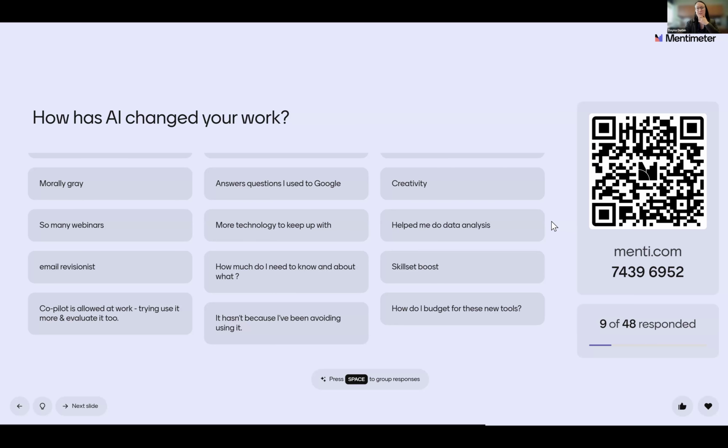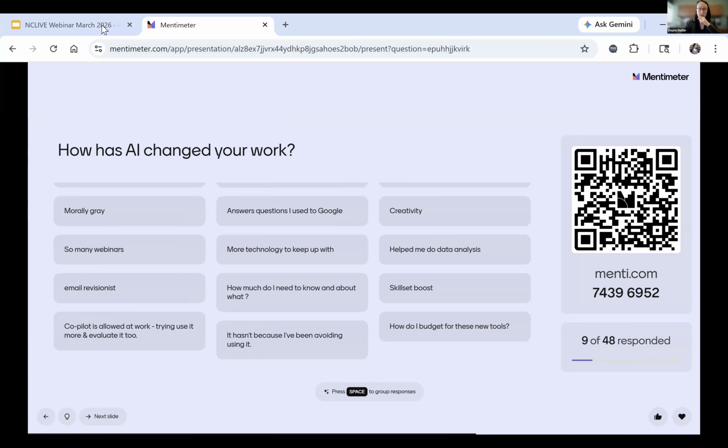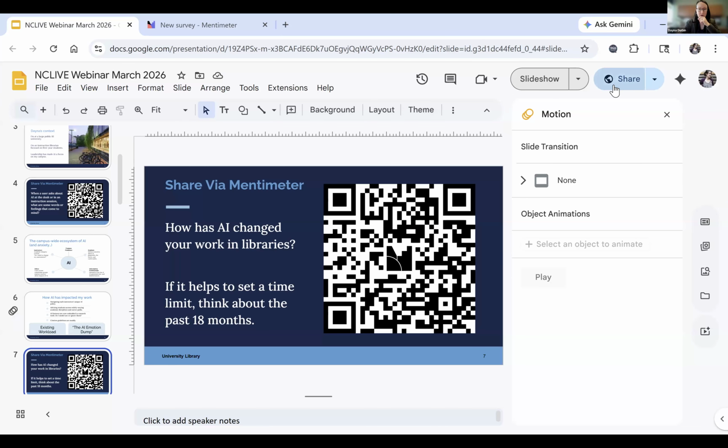I know a lot of databases and research tools add AI features like the research assistant, for which there's an additional subscription cost. So that's all tied into our work as library staff. Awesome. Thank you all again for sharing your experiences with AI so far.